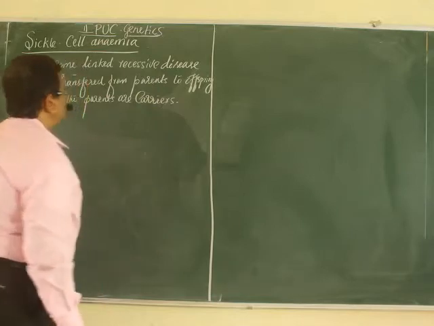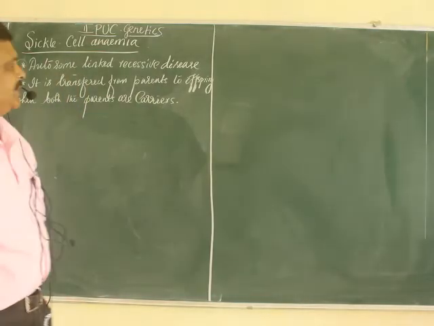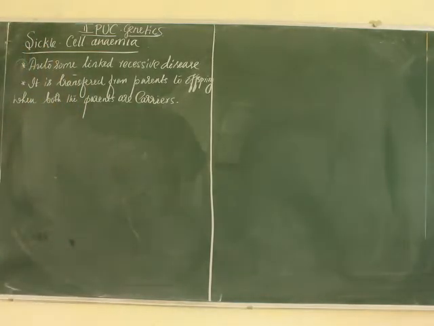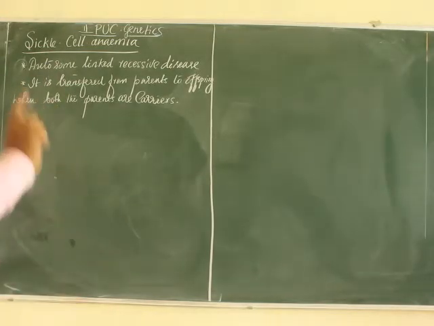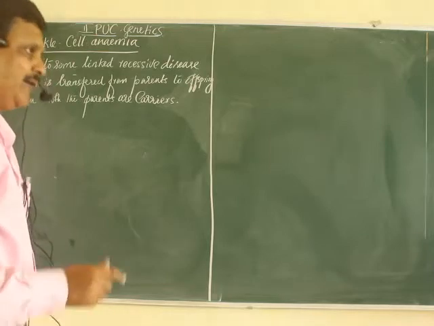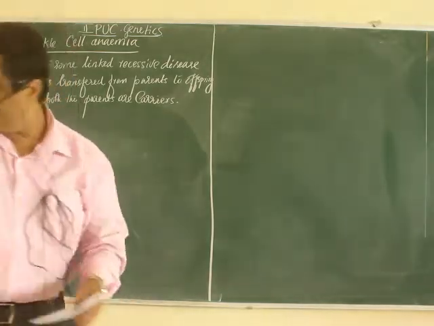When both the parents are carriers, a child will get the disease. Now I should tell what is sickle cell anemia.